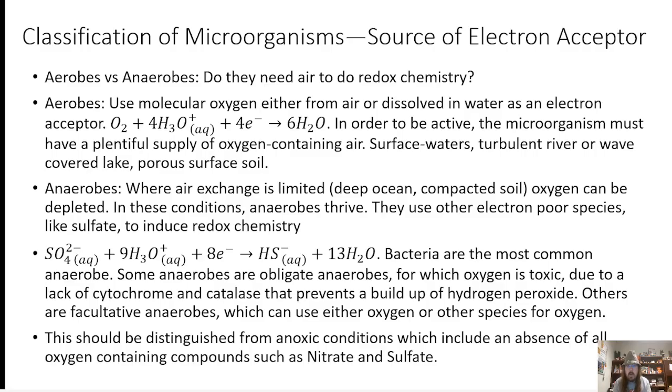So oxygen gets depleted and it stays depleted. In these conditions, anaerobic microorganisms thrive. They use other electron-poor species like sulfates to drive redox chemistry, and we'll talk more about these later, but sulfate can be converted into hydrogen sulfide and a bunch of water with some electrons.